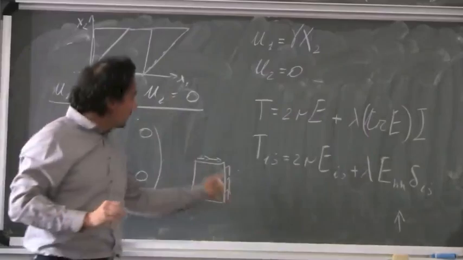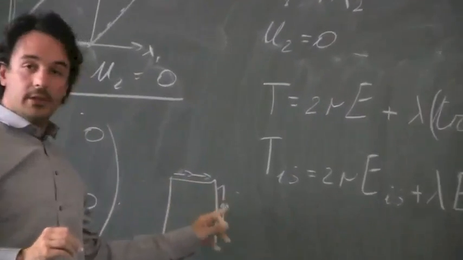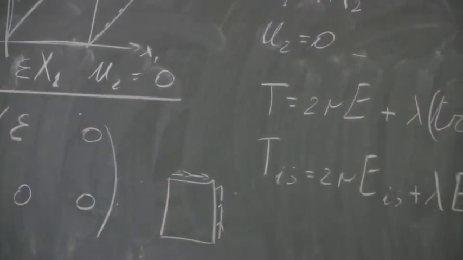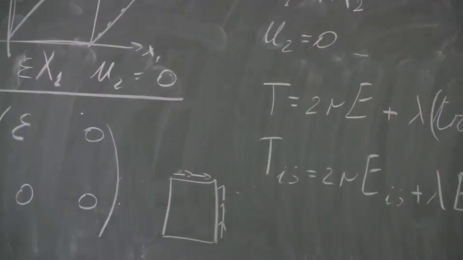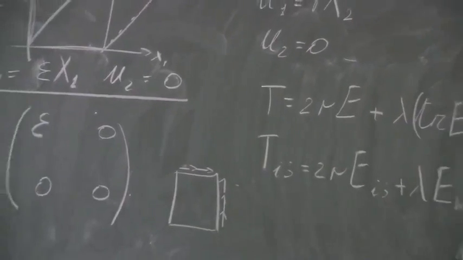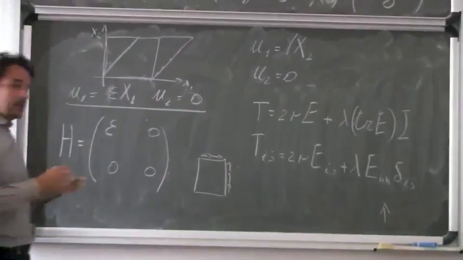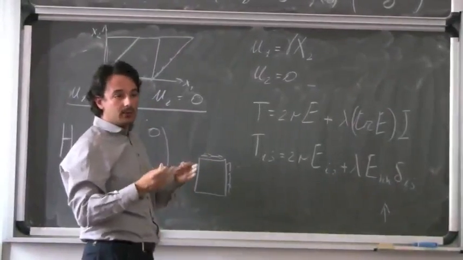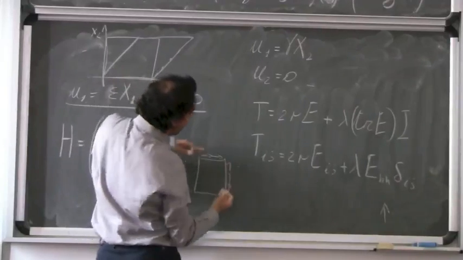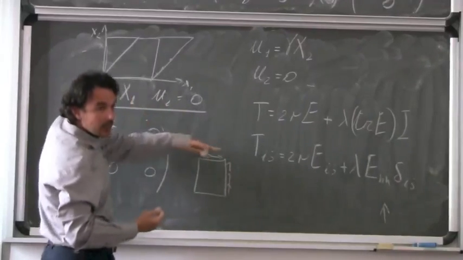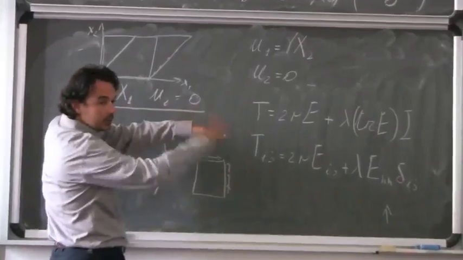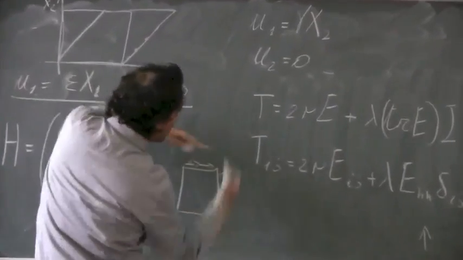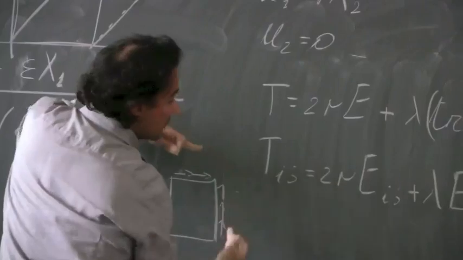The fact that we have to apply both is related to the fact that this Cauchy stress tensor is symmetric. And it's something to do with the balance of angular momentum, because you cannot have only a force in this way, otherwise you have a rotation, but you have also to have a force in this way.